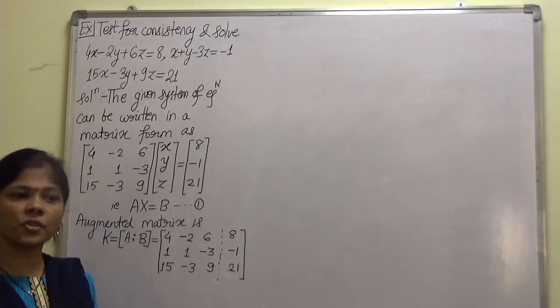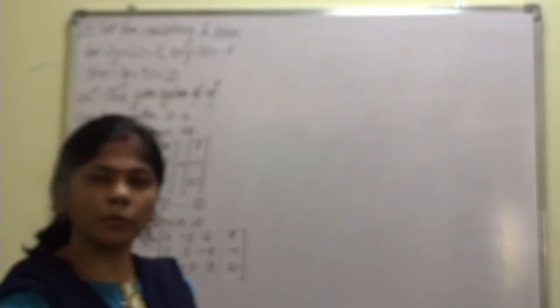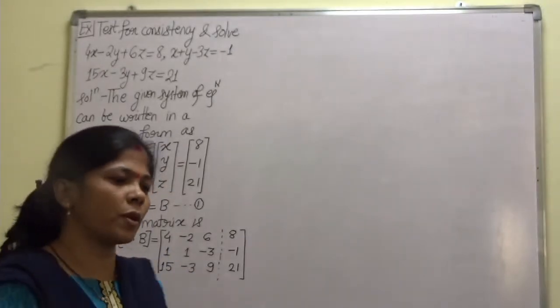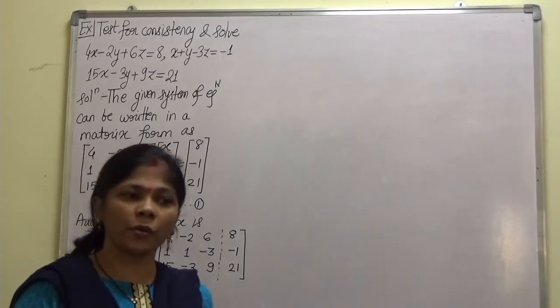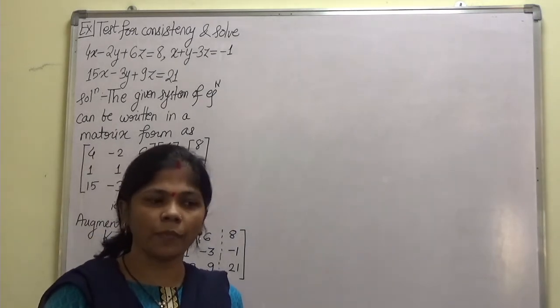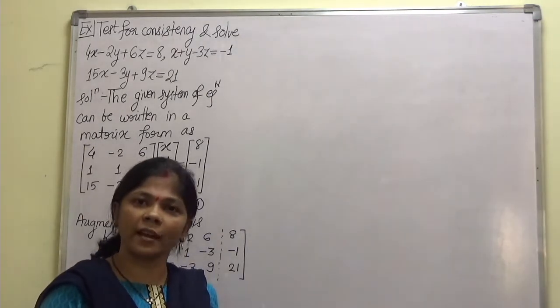What we will do next is perform a set of operations to reduce this matrix into upper triangular form. Why? So that we can count the number of non-zero rows in the reduced form to get the rank of the augmented matrix K.